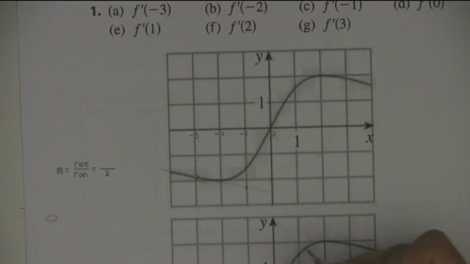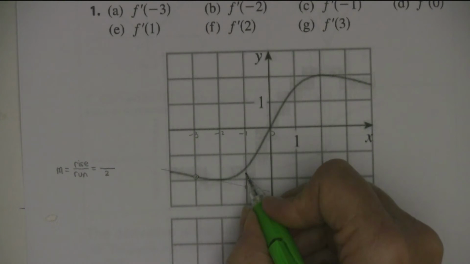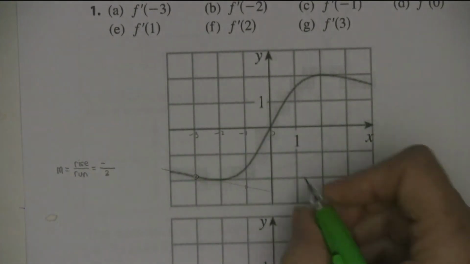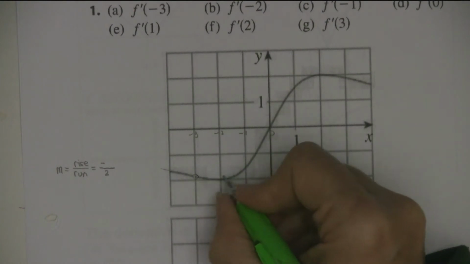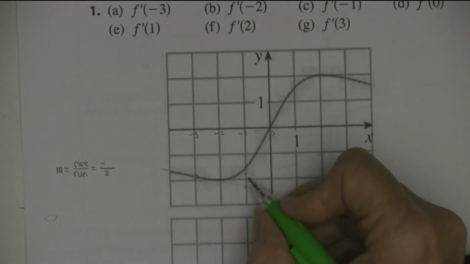And I was taught to count the rise second. So I'm going here, and I'm going here. So I know it's down, so it's negative. And so what is that distance? I'm just going to eyeball that distance right there.